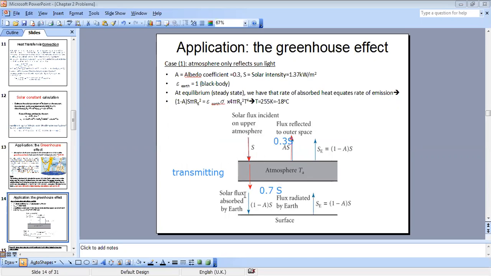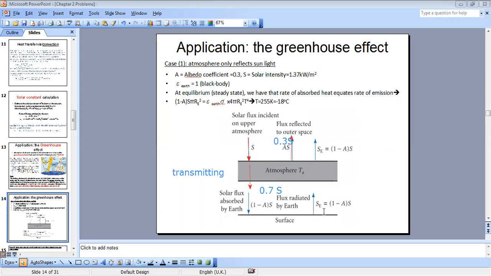Now for the Earth, we don't say solar flux transmitted to the Earth, we say solar flux absorbed by the Earth, because the Earth will absorb it. Assuming it's a black body, everything absorbed will be radiated again. So the solar flux absorbed by the Earth, 0.7 S, will be radiated back by the Earth.